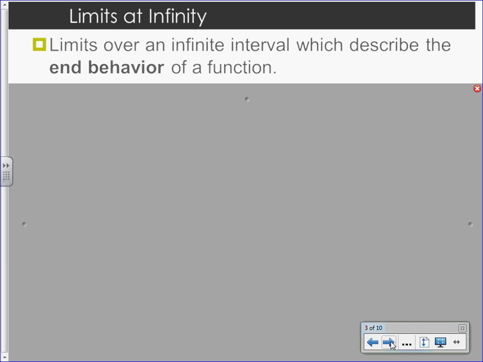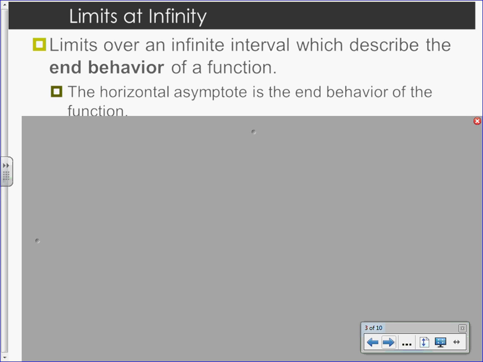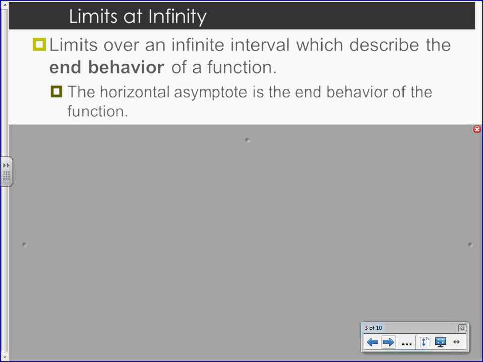More specifically, we're either going to look at if it's increasing or decreasing without bound, or is there a horizontal asymptote that it's approaching. If there's a horizontal asymptote, we know that as we go out towards infinity, that is what our graph is approaching.